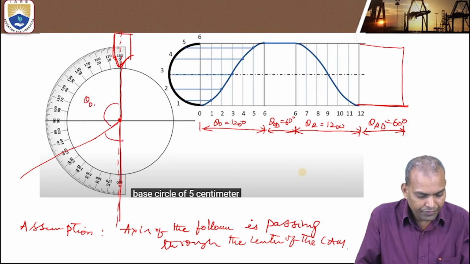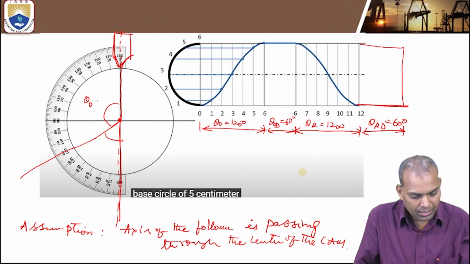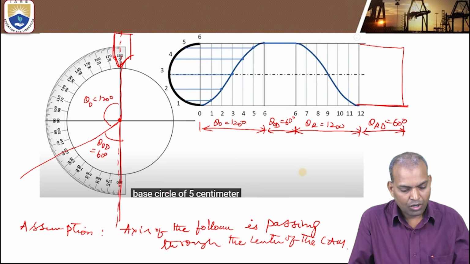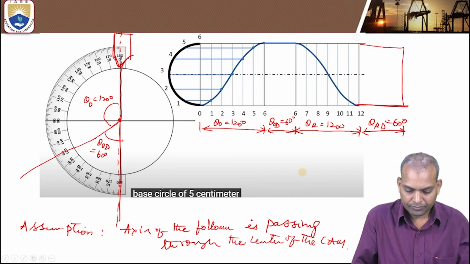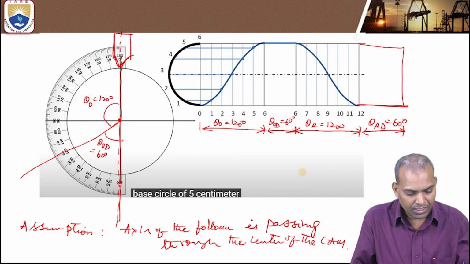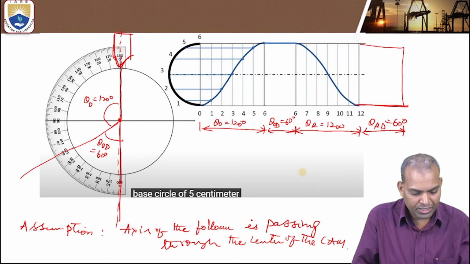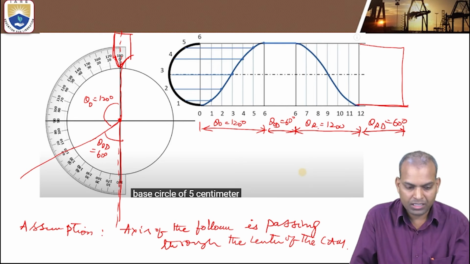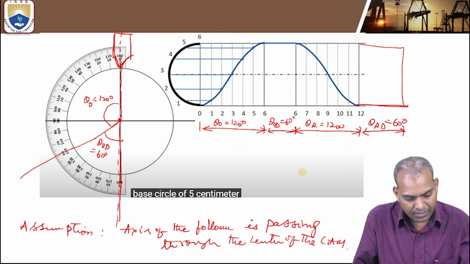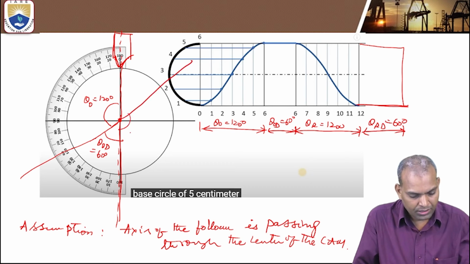This is the angle of outward stroke, that is 120. This is the angle of outward dwell equal to 60 degrees. Next, the angle of outward dwell is 60. 120 plus 60 is 180. 180 plus 120 is 300. Make 300. This is the portion. That is theta return stroke, again 120. Then the return dwell is 60 degrees.